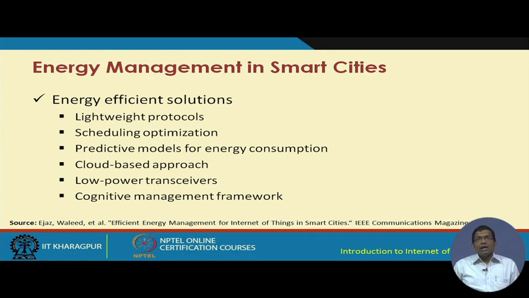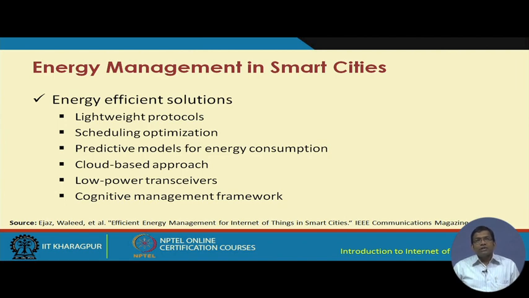Energy management in smart cities, you need energy solutions. So, energy efficient solutions. It is required to make the protocols lightweight, because you are dealing with a highly resource constrained environment, and at the same time energy consumption has to be reduced for reasons of greenness, environment, and so on. So, lightweight protocols are required.